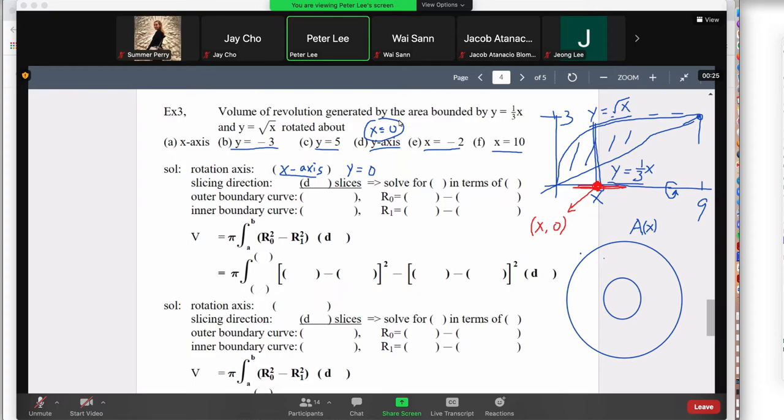That means we'll be cutting it this way. When you cut it this way, what do we get? Whose parallel cross sections perpendicular to the x-axis are squares, where one side lies in the base. What does that mean? If you cut it like this, then this segment right here will be the base.